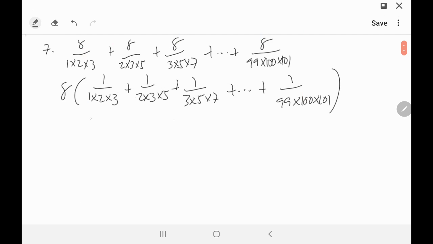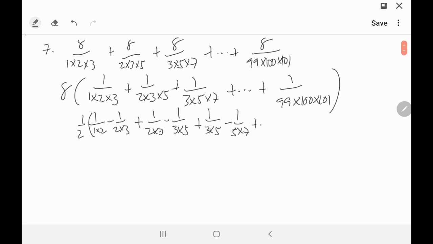Okay, so we can rewrite everything inside the parentheses now as 1/2 of 1 times 2 minus 1 over 2 times 3 plus 1 over 2 times 3 minus 1 over 3 times 5 plus 1 over 3 times 5 minus 1 over 5 times 7. The pattern continues. Minus 1 over 100 times 101.